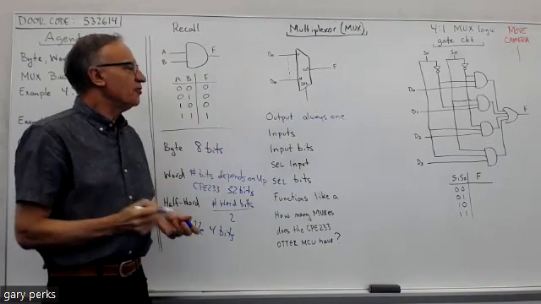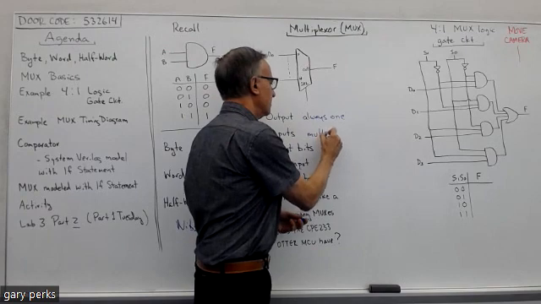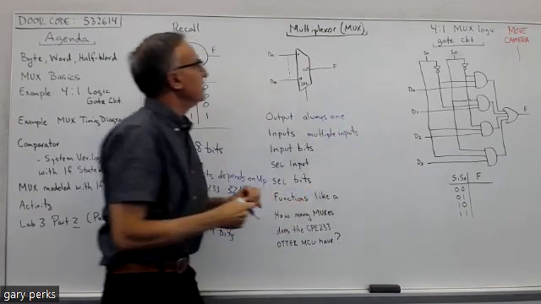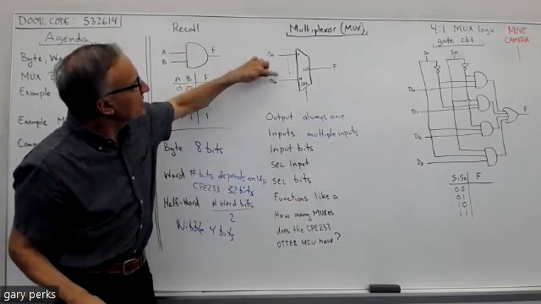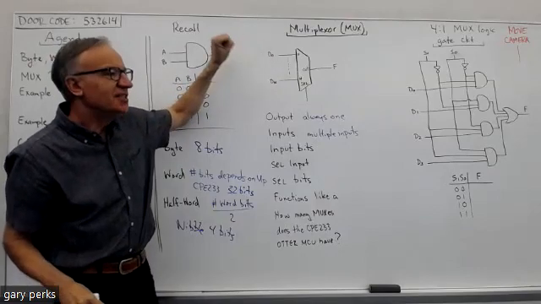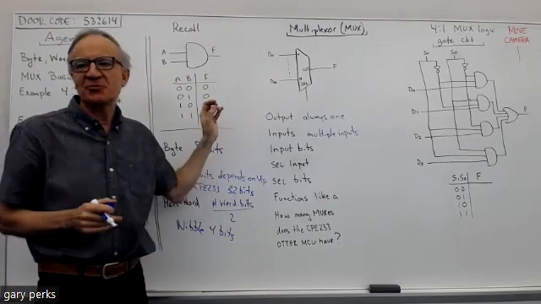The multiplexer always has multiple inputs. So that's why I did this with the dashes, because there could be 2 inputs, 3 inputs, 4 inputs, 5 inputs, in theory, out to an infinite number of inputs.